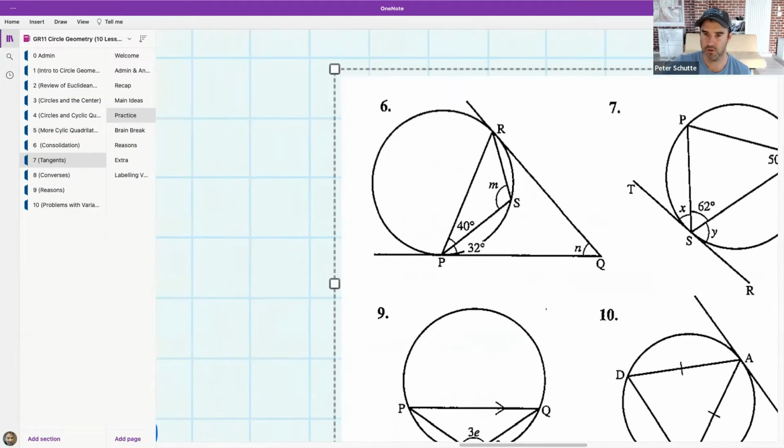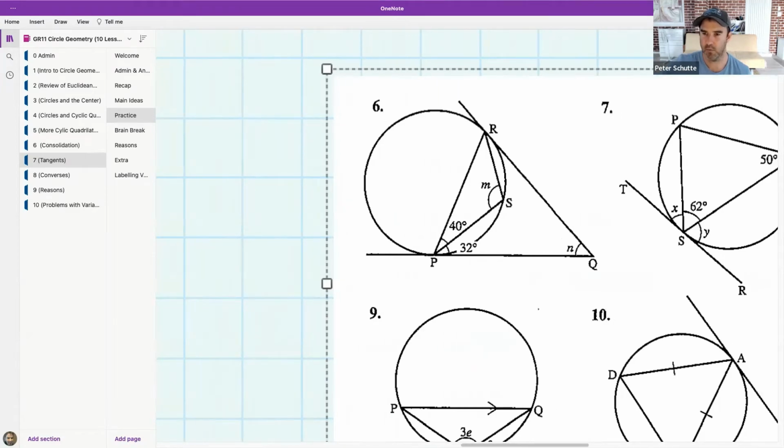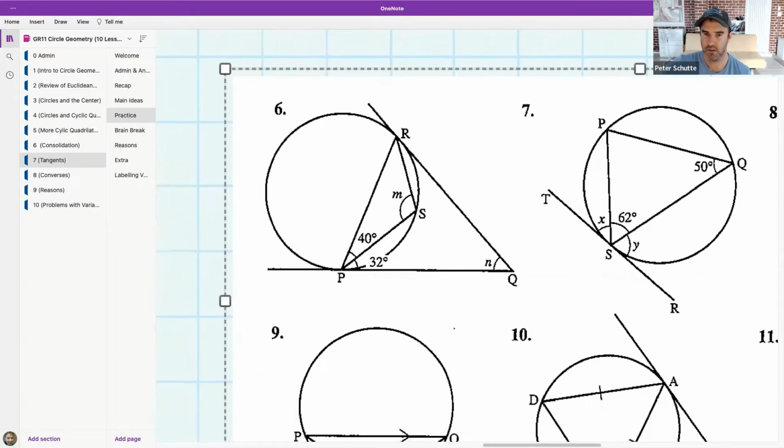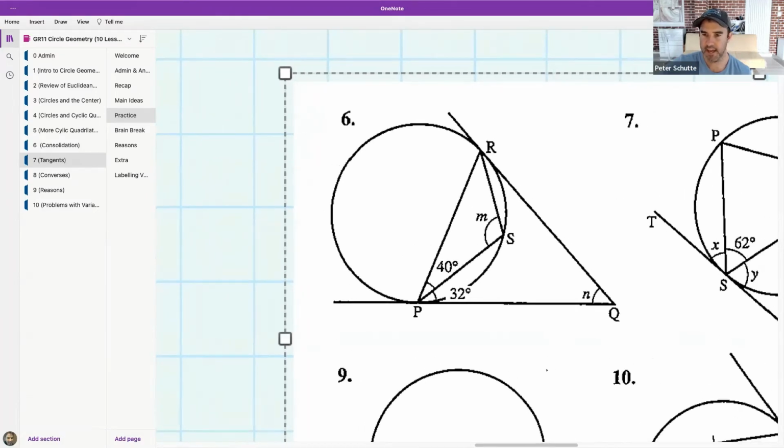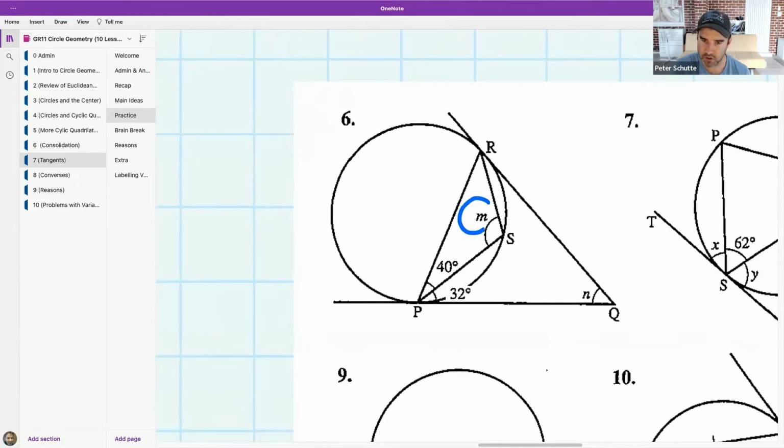So I want you to try and work out the answers for M and for N. So those are the 2 things you need to find. You need to find the angle M and the angle N. And I want you to use the facts that you've learned so far today. Again, a fancy word for facts is theorems.